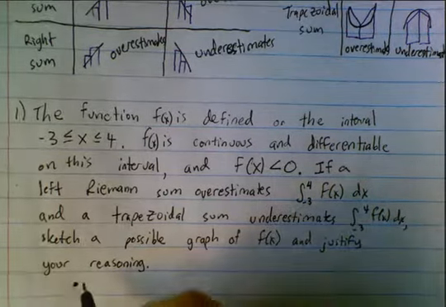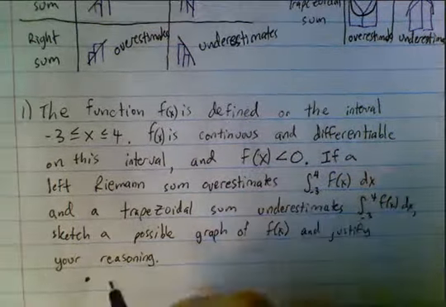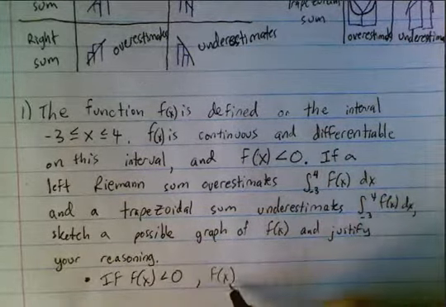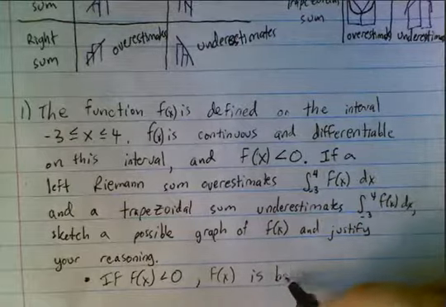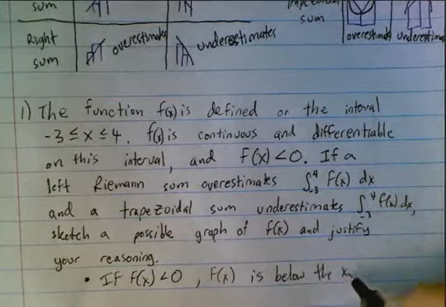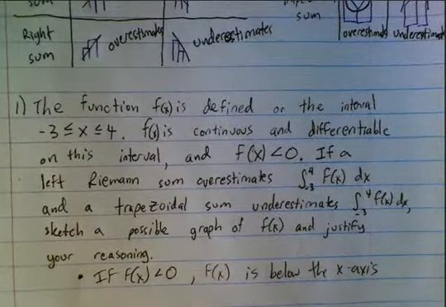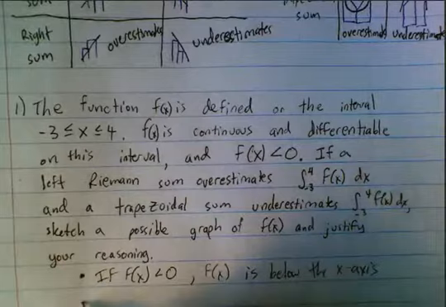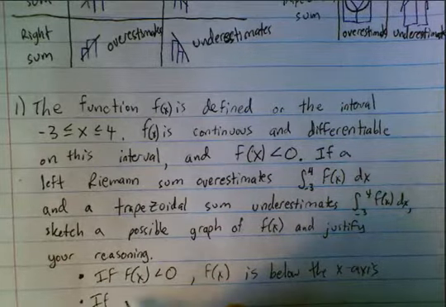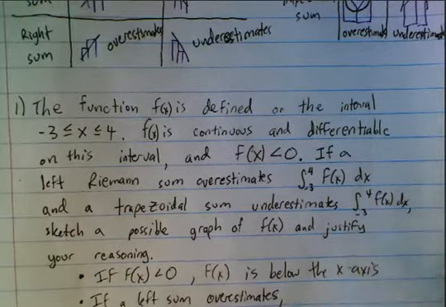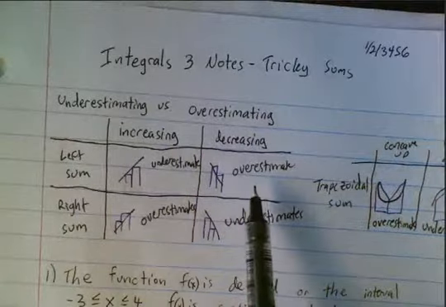So here's our reasoning. The first thing that we can say is if f of x is less than 0, then f of x is below the x-axis. It's negative, that's all. We're also told that if a left sum overestimates, that means f of x must be decreasing.